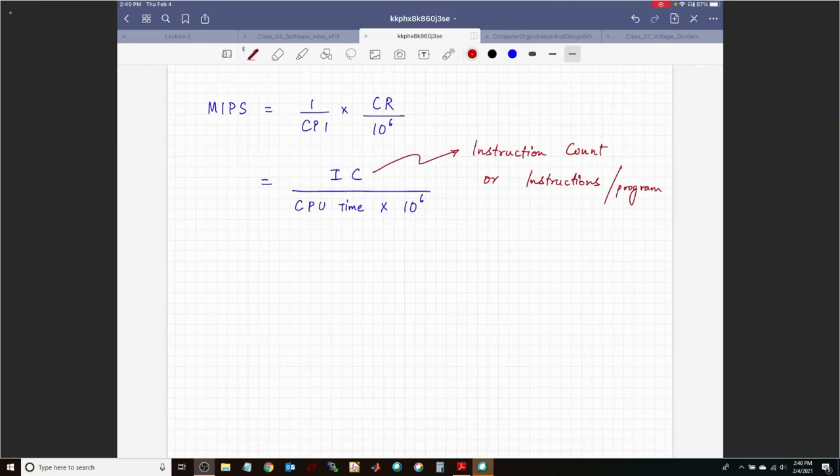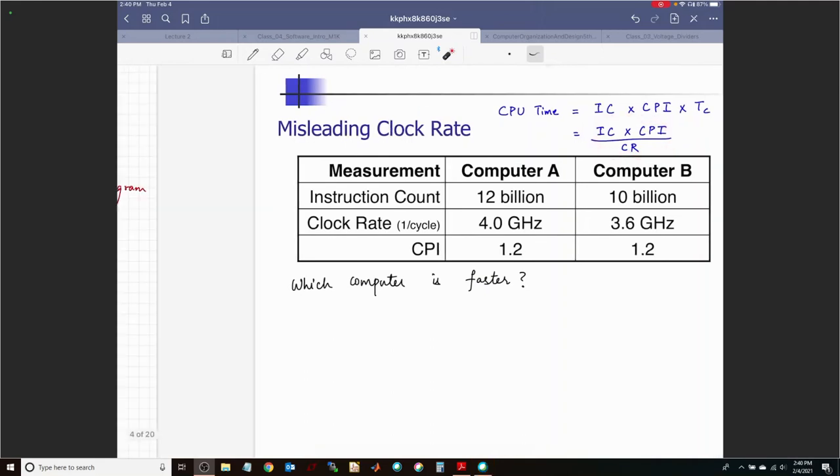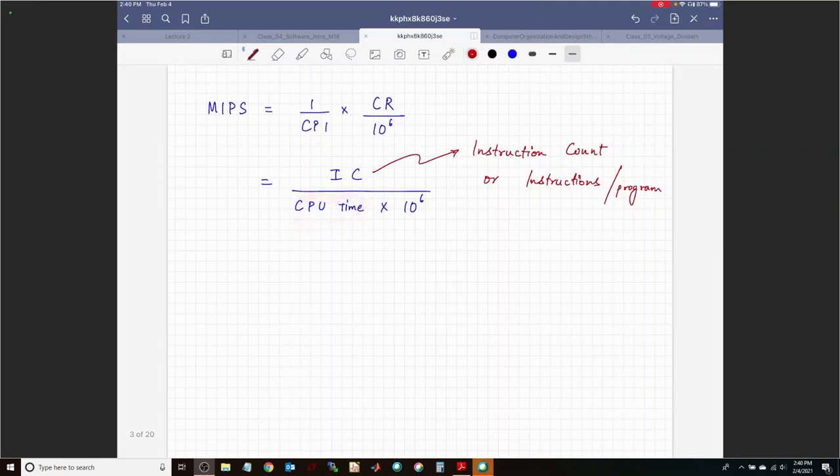Now, just to check whether this works or not, instead of CPU time, I'm going to borrow my classical CPU performance equation, the product of those three things, and plug it in for CPU time to see whether it matches. IC is going to remain as is. I'm going to divide this by CPU time, which is IC multiplied by CPI divided by clock rate, and 10 to the 6 remains as is.